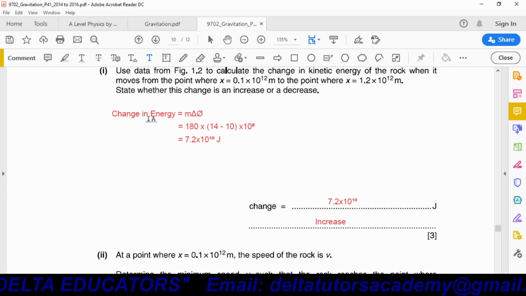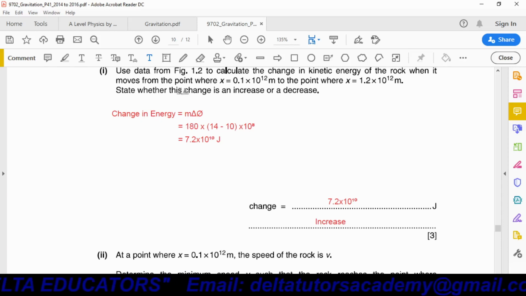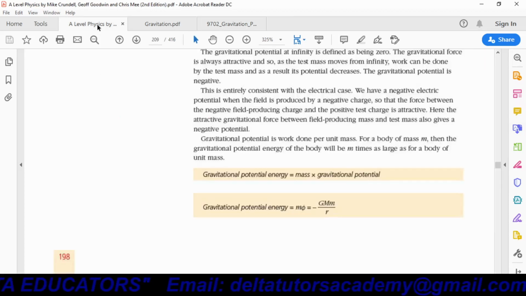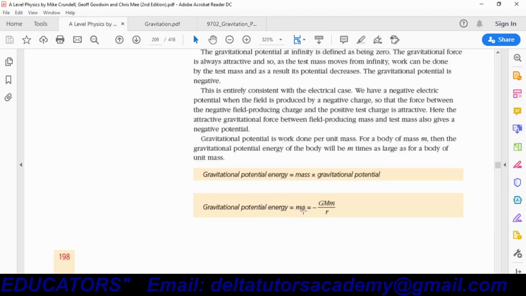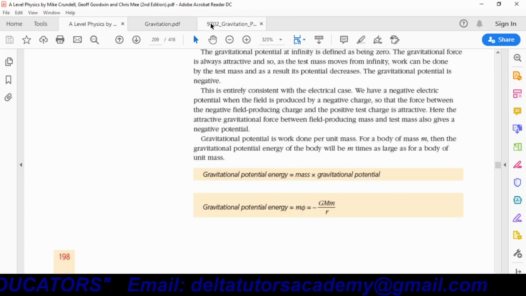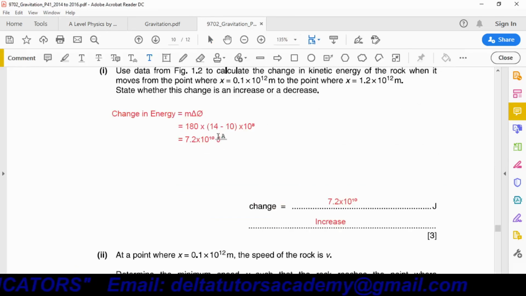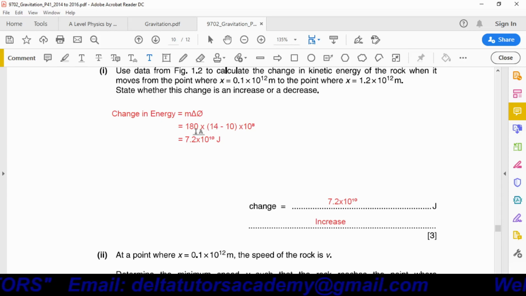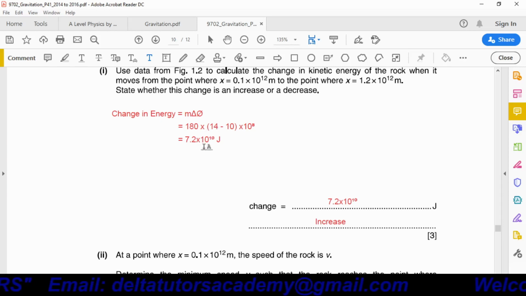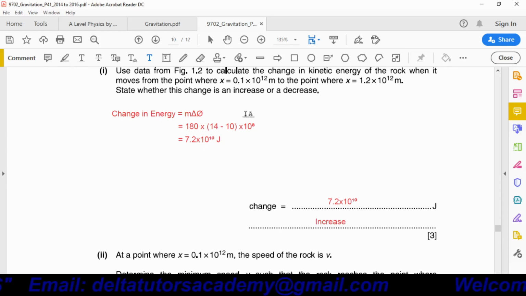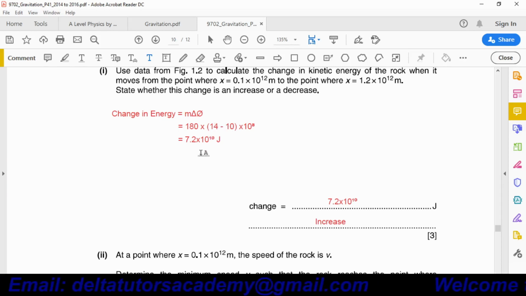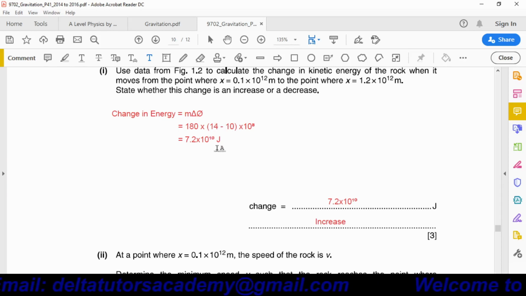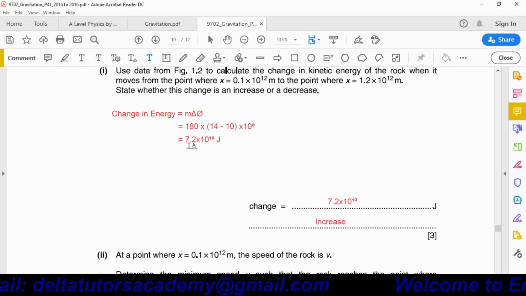For potential energy, we have the formula m delta phi. So the value of delta phi is 14 minus 10 into 10 power 8 and mass is given as 180. We multiply these values and get the answer 7.2 into 10 power 10 joule. Now the answer is positive.